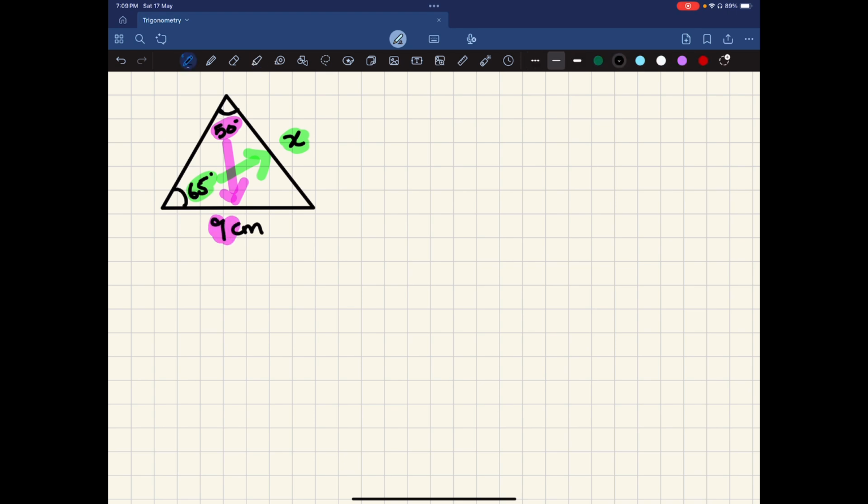Let's write down the sine rule. a over sine of A is equals to b over sine of B. Okay, so what is the value of a? Lowercase a and b are the side lengths. So this is X over, what is sine of A? 65 is equals to what is b? 9 centimeters.